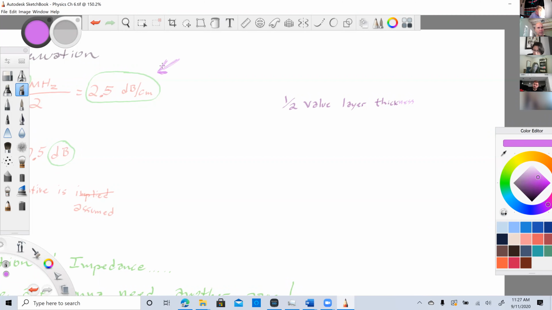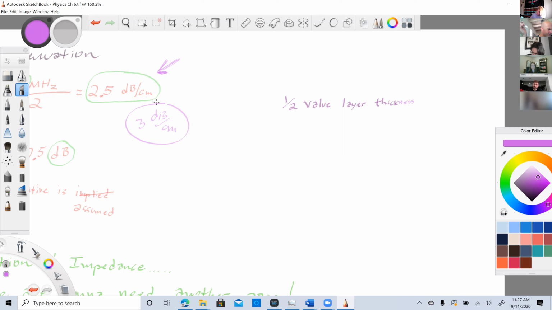2.5. We're really close to it. In fact, if my answer turned out to be 3, it didn't, it was 3.5, but if it turned out to be 3 decibels per centimeter, then whatever length it took to get to 3 decibels is my half value layer.